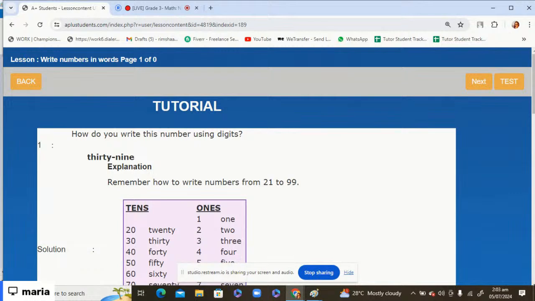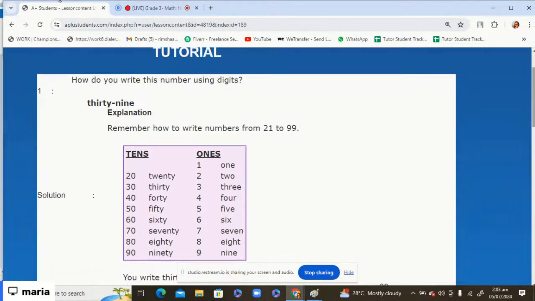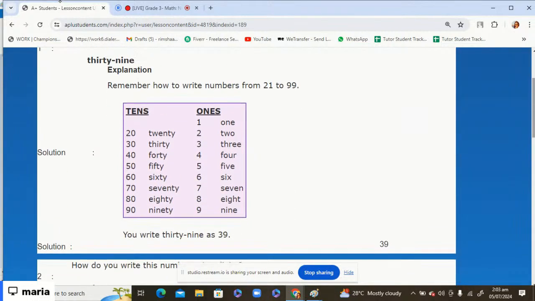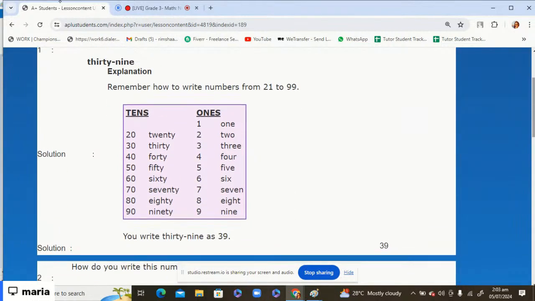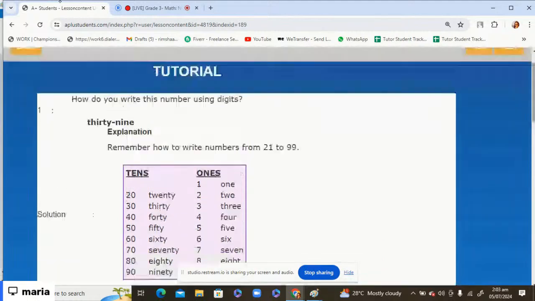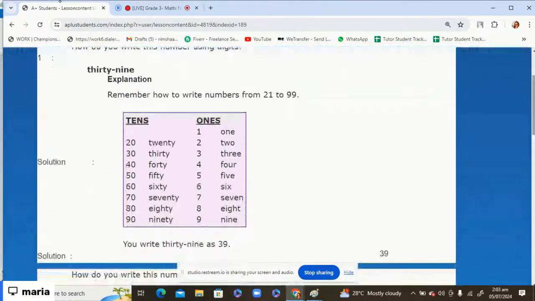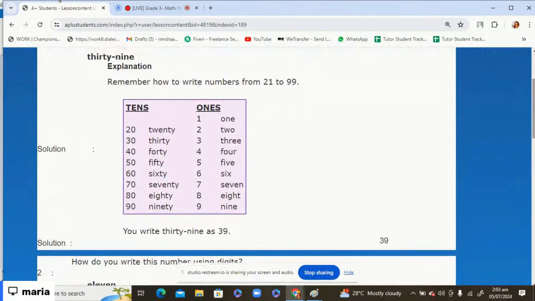So write number in words. How do you write this number using digits? This is 39. First of all, look at this table. When we see the table, these are all ones and these are all tens. And they are saying to write the number in words. So this is basically for ones.